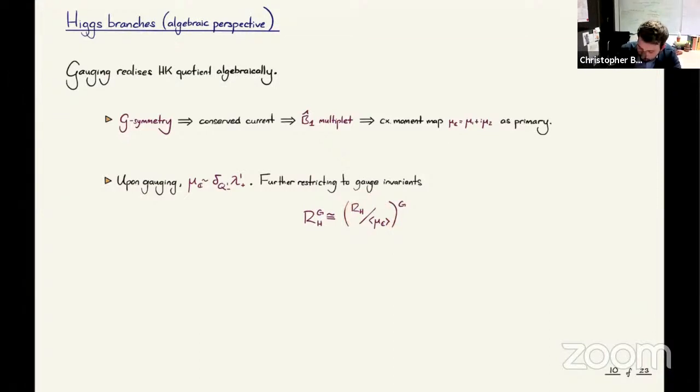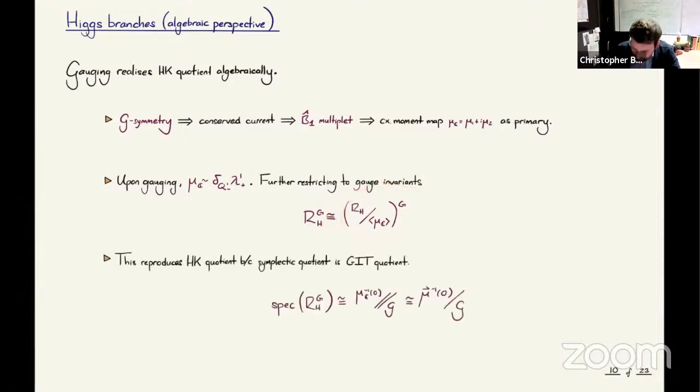And when you further restrict to gauge invariance, you're exactly getting the Higgs branch chiral ring of the gauged theory, which is the G invariance of this quotient, which is the same thing as the hyperkähler quotient because the symplectic quotient is the GIT quotient.